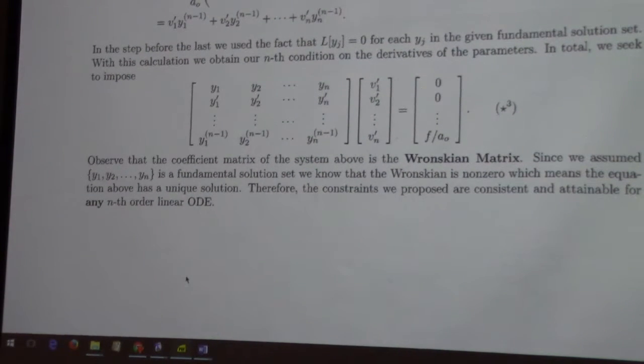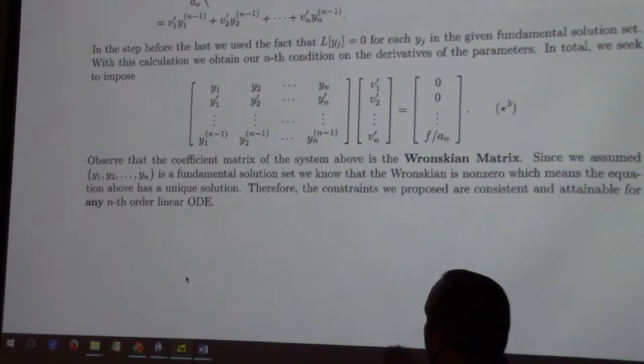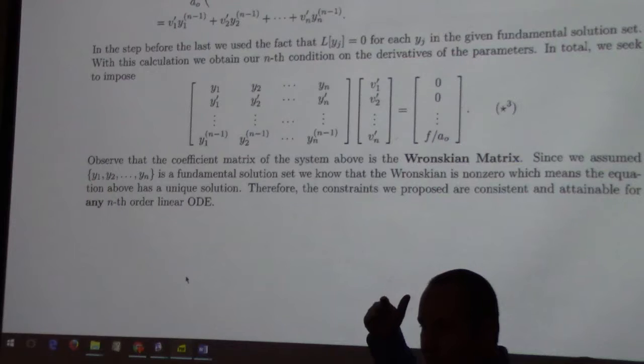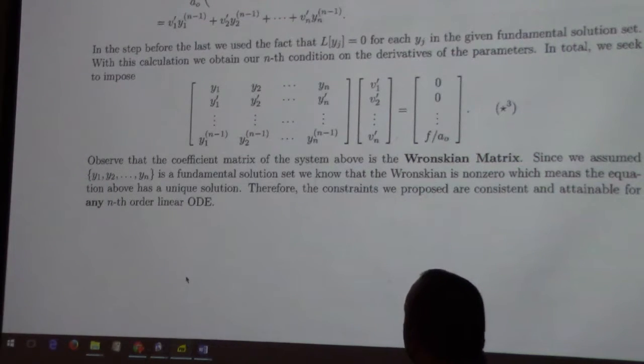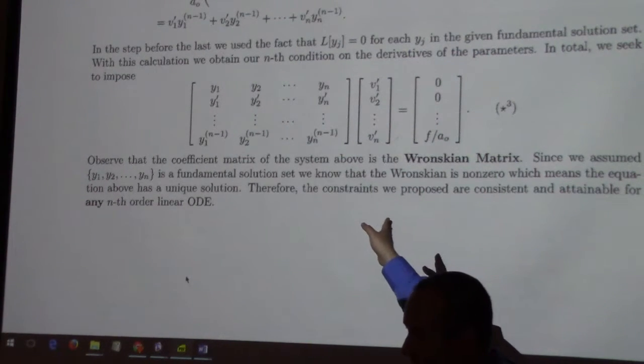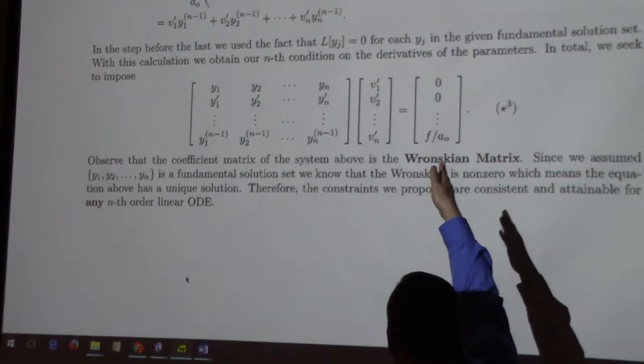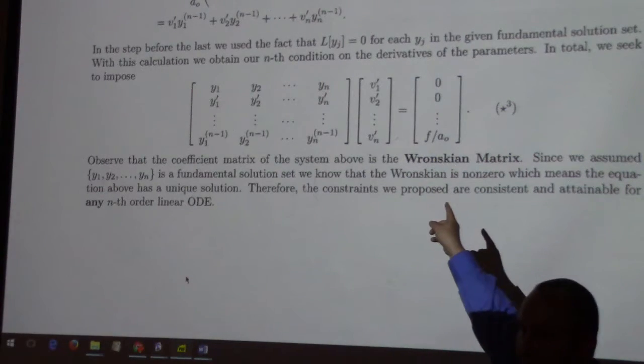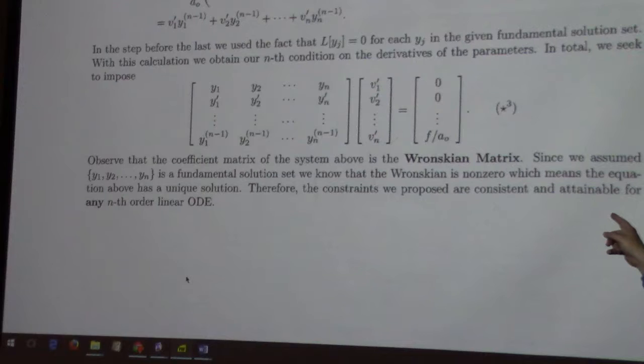But after the dust settles, you get this system of n by n equations with the fundamental solutions, their derivatives, their second derivatives, all the way up to their n minus 1th derivatives. That matrix times the derivative of the undetermined functions is equal to that vector where the inhomogeneous term appears in the last slot, divided by the leading coefficient of the differential equation.